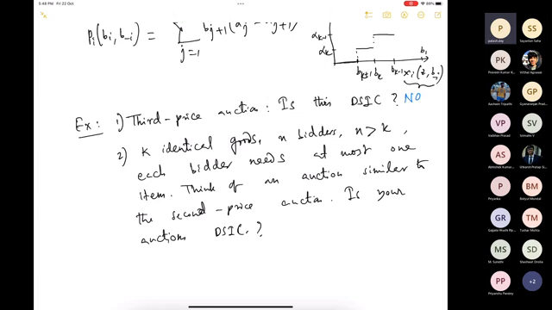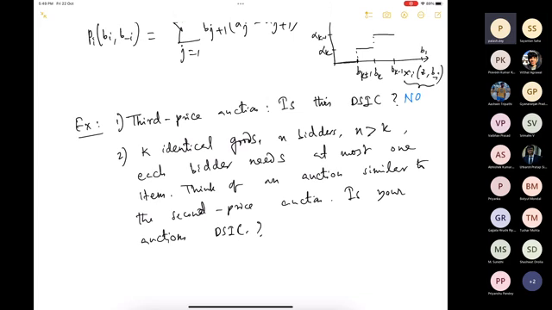And because the payment rule of making the winner pay the second highest bid makes the allocation rule which allocates the item to the highest bidder dominant strategy incentive compatible, any other payment rule, namely the one which asks the winner to pay the third highest bid, cannot be dominant strategy incentive compatible. Is this clear to everyone?